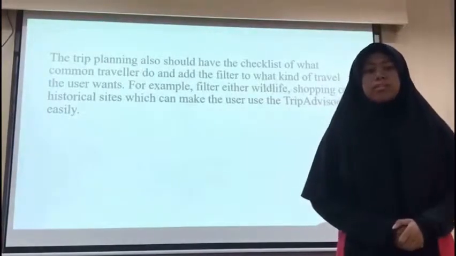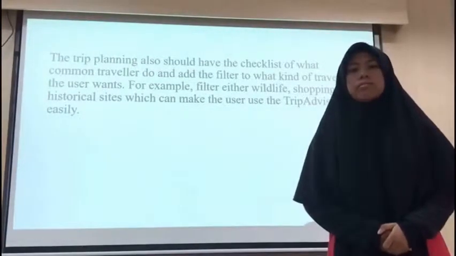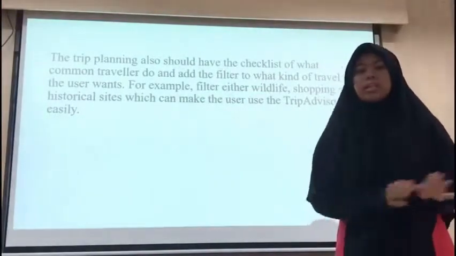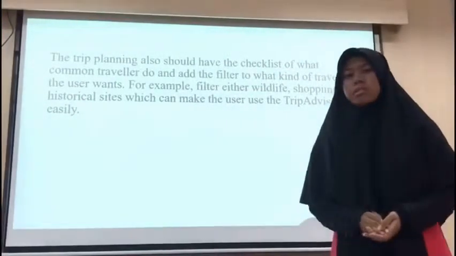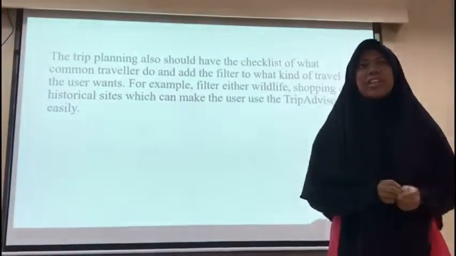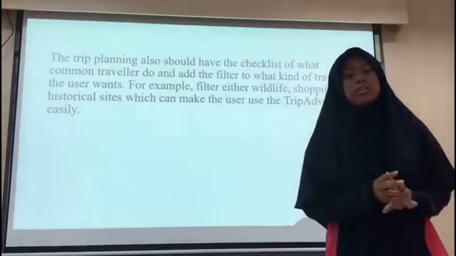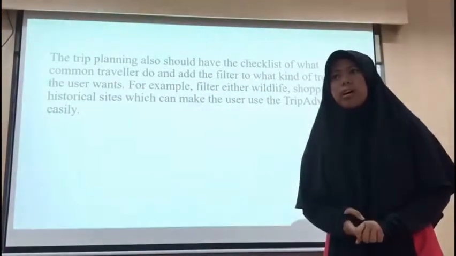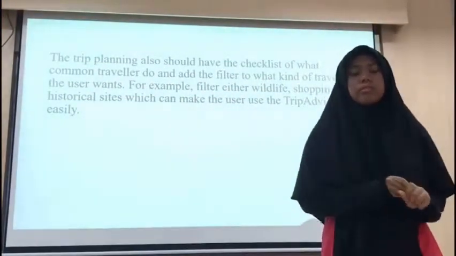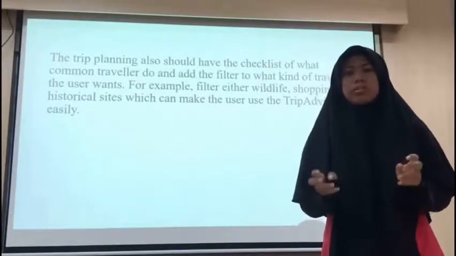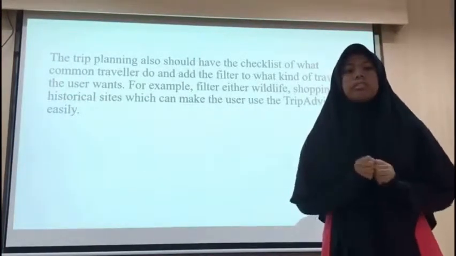The trip planning should also provide a checklist of what other travelers commonly do, so they can follow the checklist too, and then add a filter for what kind of travel the user wants. For example, a filter for historical sites, what kind of shopping, and so on.